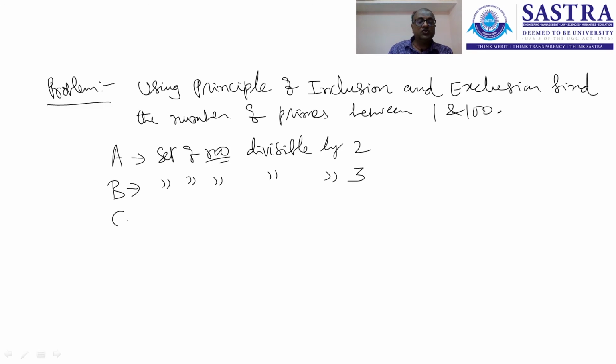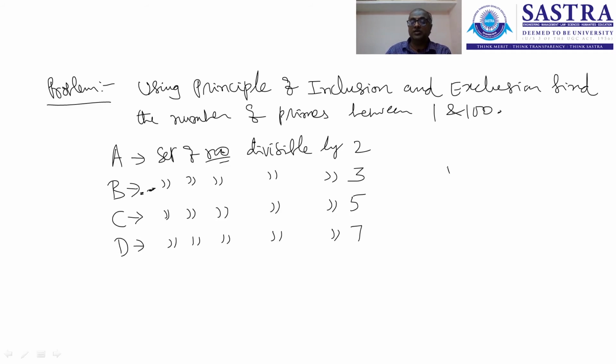C be the set of numbers divisible by 5, and D be the set of numbers divisible by 7.